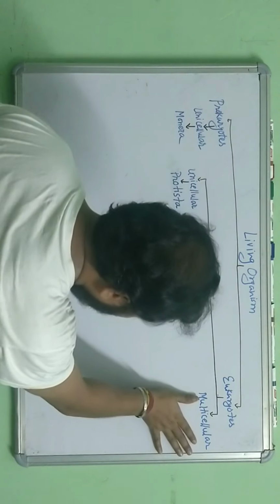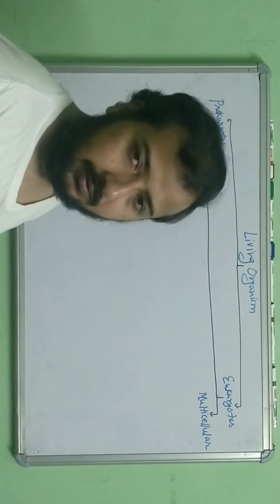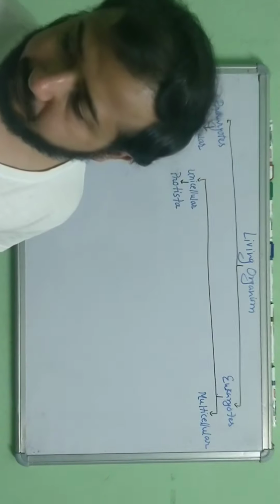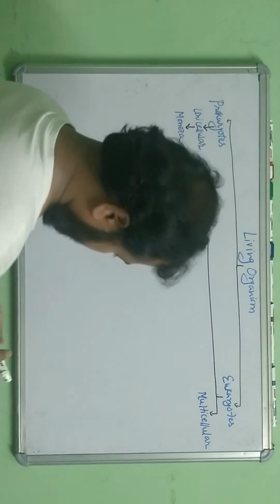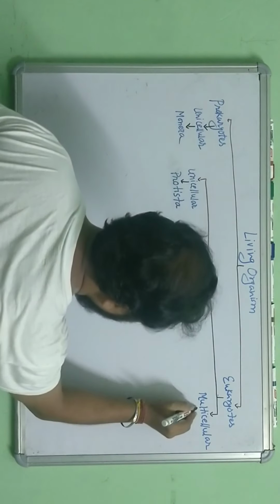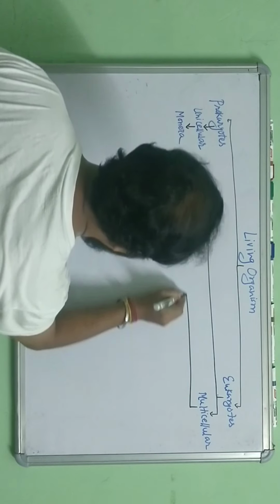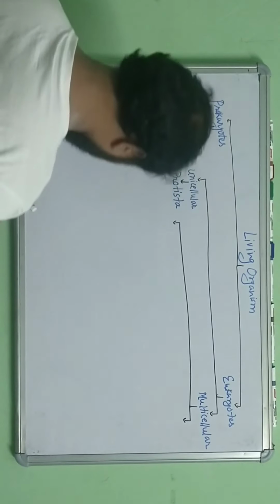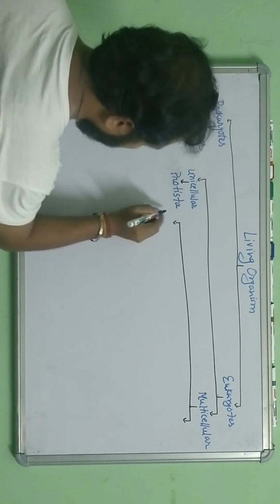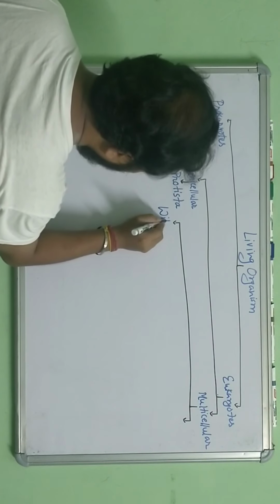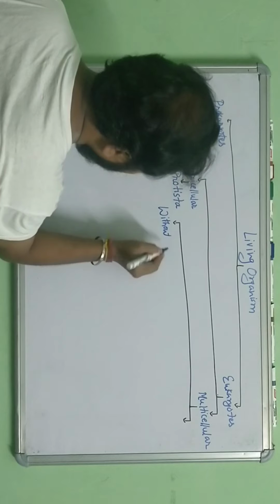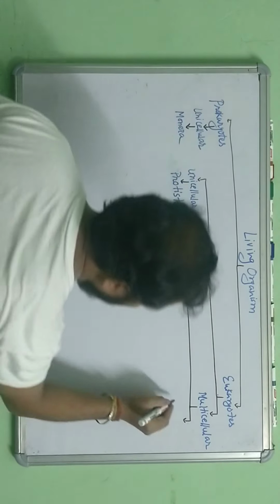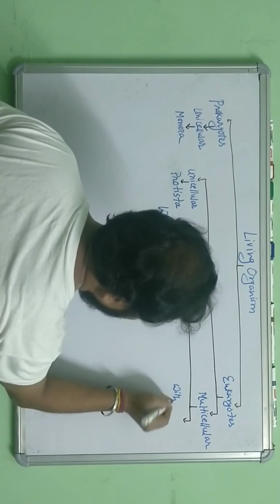Now if you look at the multicellular ones, then how to define this multicellular category? So we can divide into two: without cell wall and with cell wall.